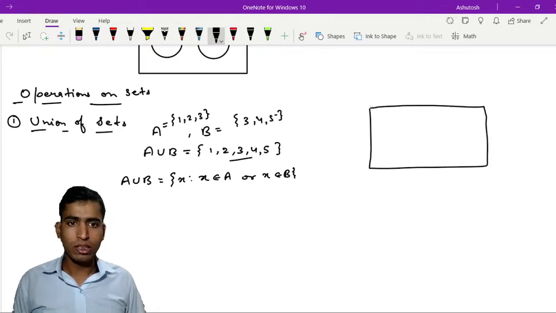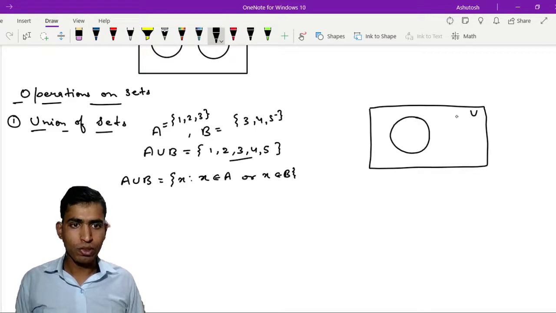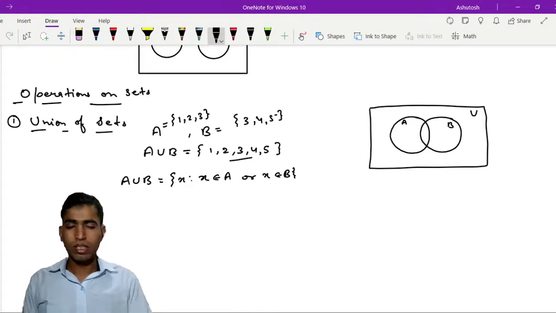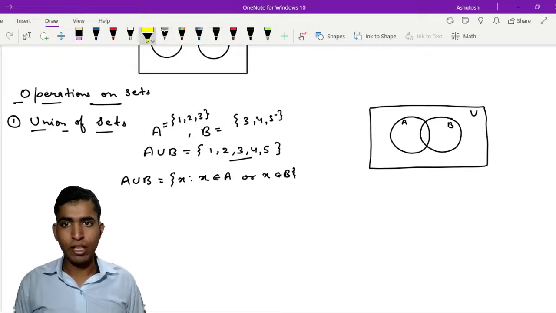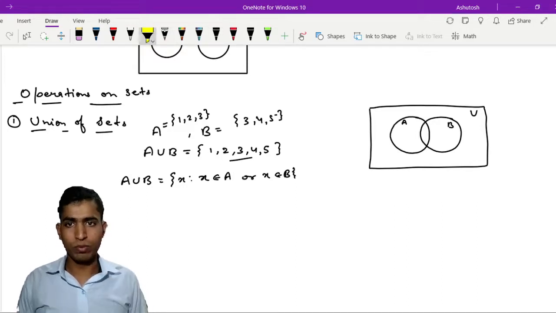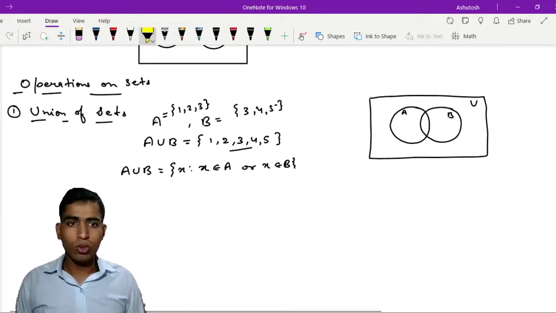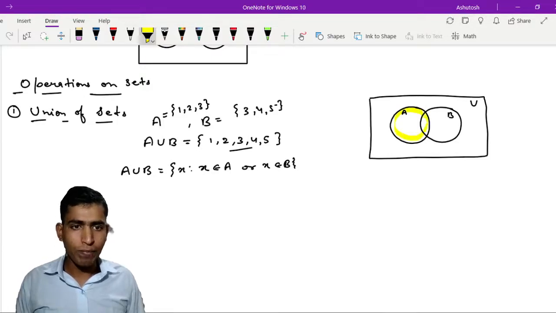So let's say this is a universal set. So set A is this way, and set B is this way. Set A, set B. Why I overlap them, you will see in the next situation. I will tell you why I overlap the circles here and not in this figure. So A ∪ B represents all the elements of A and B together.